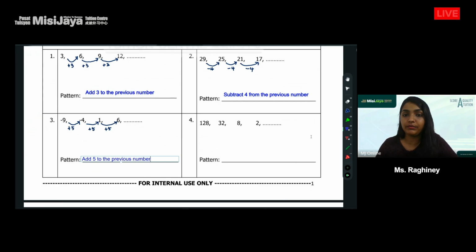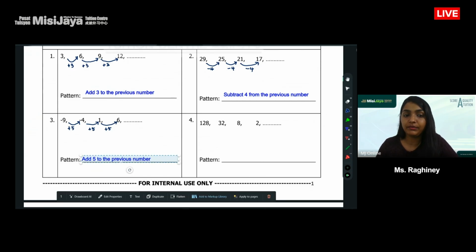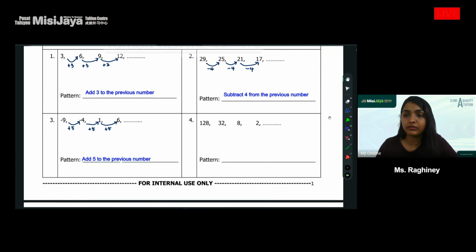And the last one, what's happening here? How does 128 become 32? Maybe we can't imagine, right? Because the number is a bit big. Let's look at the following one first. 32 becomes 8. We know this because we learn multiplication and division in primary school, right? It's divide by 4. So we check this one. Oh yeah, this is also divide by 4.